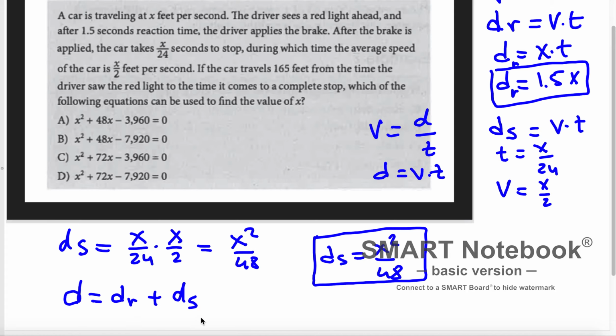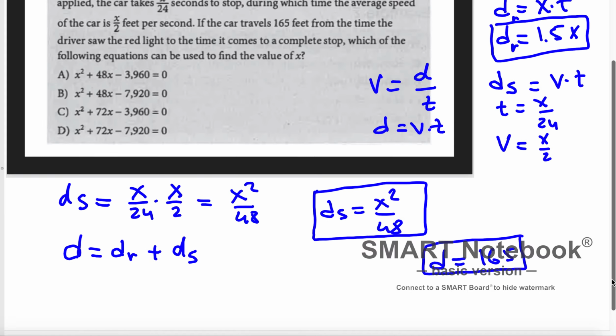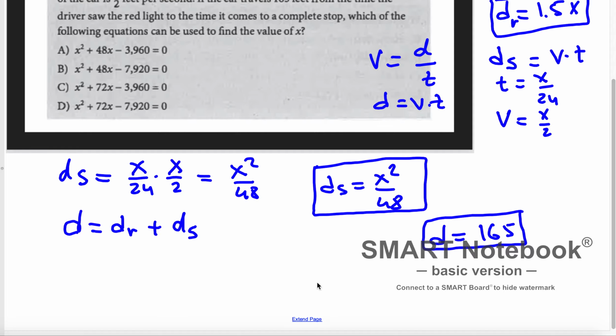So those two. And this distance here, we already see, was 165 feet. Let me write just 165 because we are not using the units when we find the equation. And now I can apply all of the given information here.